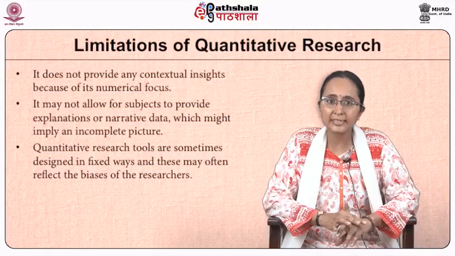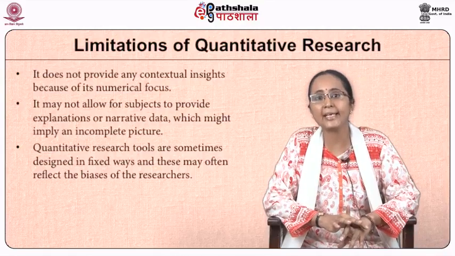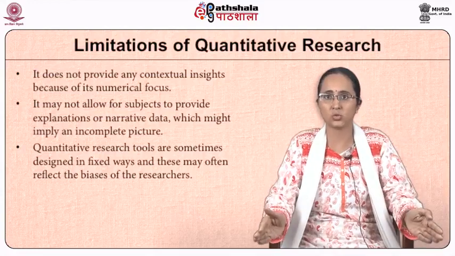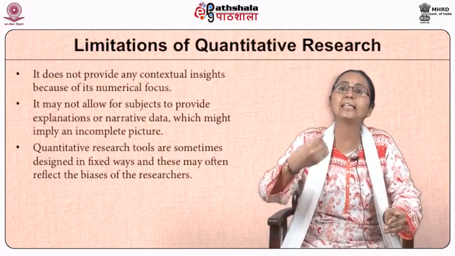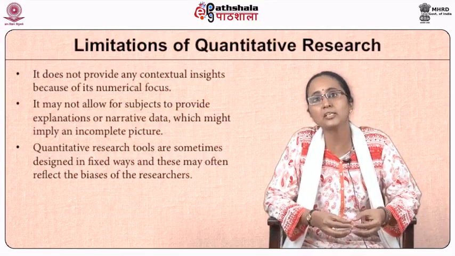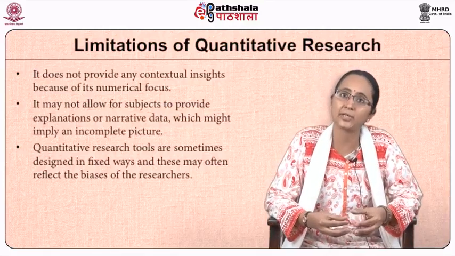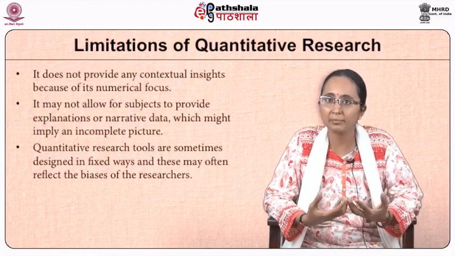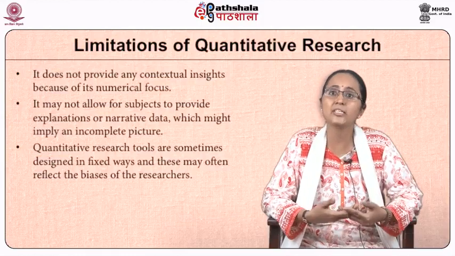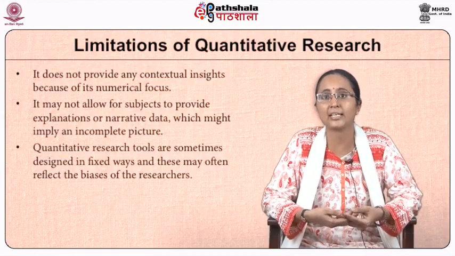You cannot get any contextual insights because you have a closed-ended tool where nobody can add any other information. So, sometimes factors that influence subjects to think or act in a particular manner might end up being ignored. Your respondents do not have any scope to provide explanations or narrative details.